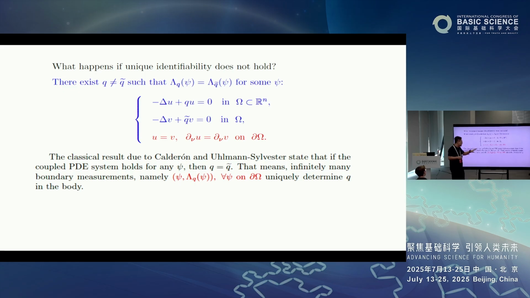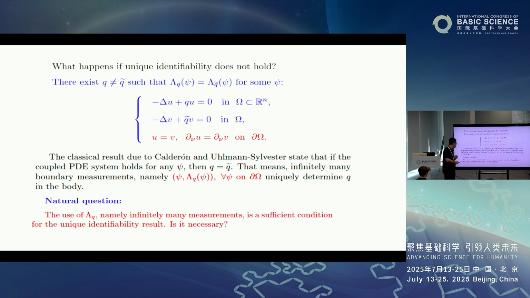But that means we must use infinitely many measurements. Namely, we have to use this type of boundary information, phi and lambda Q phi, for any phi on this boundary of omega, and then we can uniquely identify Q. But now the natural question is, the use of lambda Q, namely infinitely many measurements, is only a sufficient condition for unique identifiability.